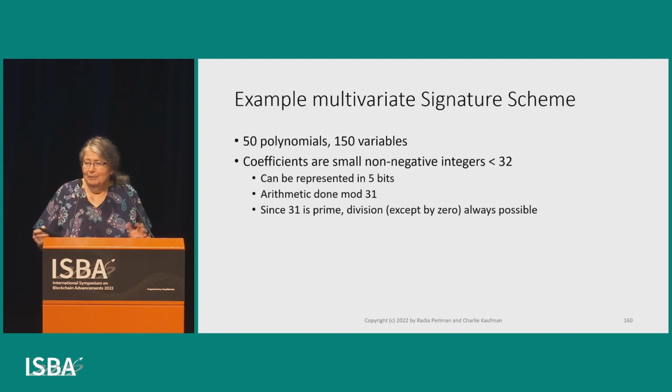An example is a multivariate signature scheme, an actual scheme which, much to NIST's dismay, they didn't actually submit. And so NIST has been kind of beating them up to say, please submit it. We're giving you an on-ramp here. And I don't know if they've submitted or not. I hope they have.